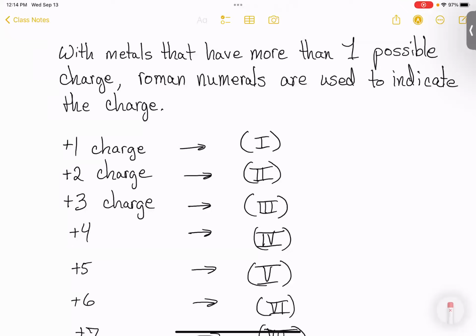However, when we get into naming, I will teach you how to figure out what the charge is. To actually answer your question about how do you know what the possible charges are, we would need to look at the electron configurations for the atoms of the elements.